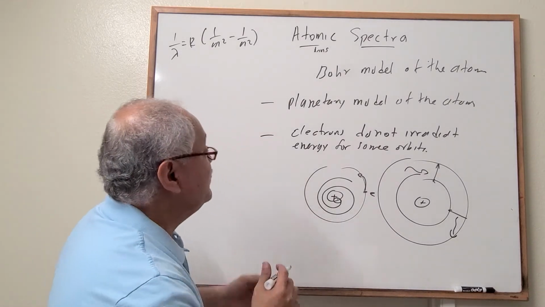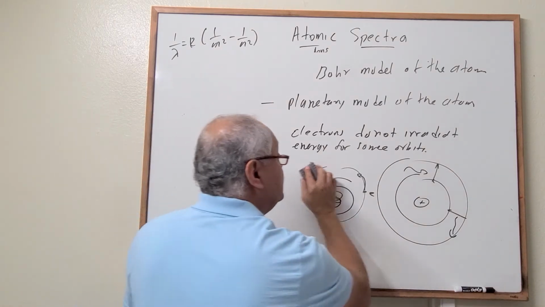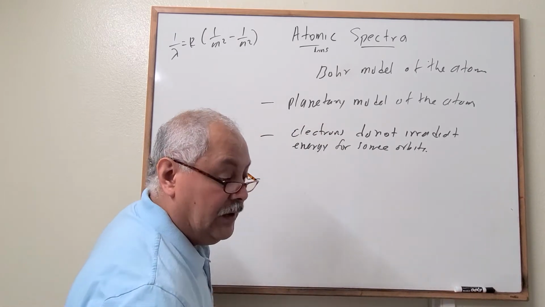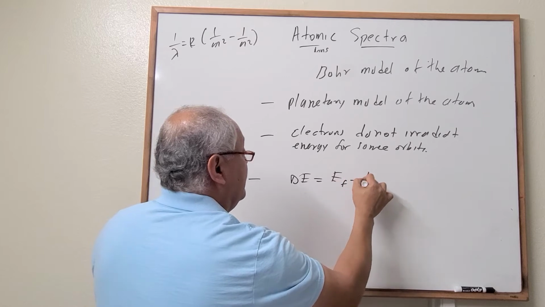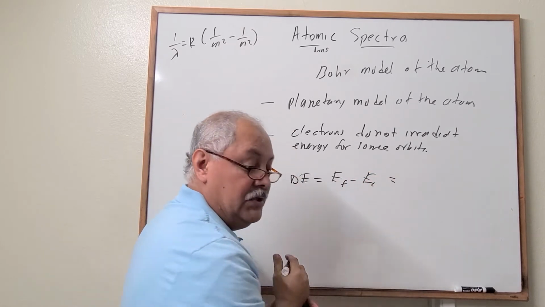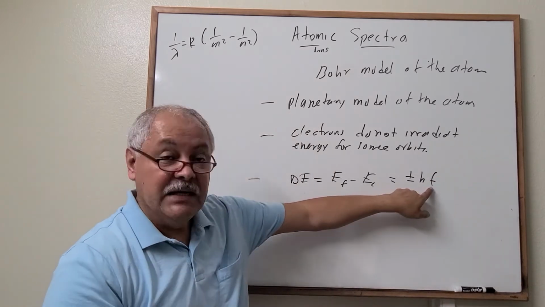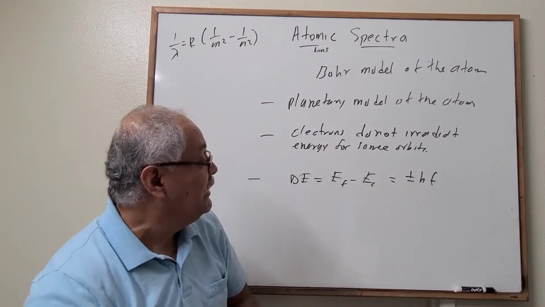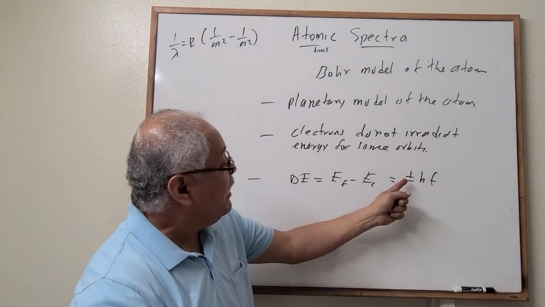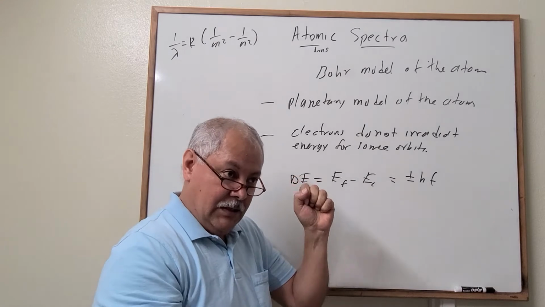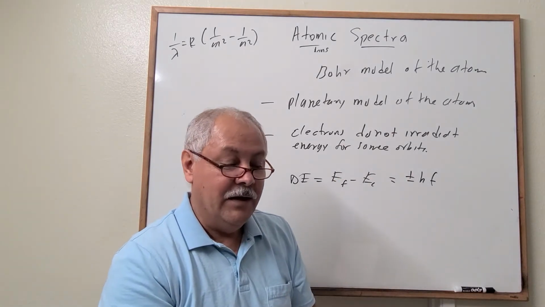So the change in energy is equal to final minus initial energy, and is equal to plus or minus Planck's constant times the frequency. Remember, this is the energy of a photon. It's positive when the electron absorbs energy, negative when it emits energy.